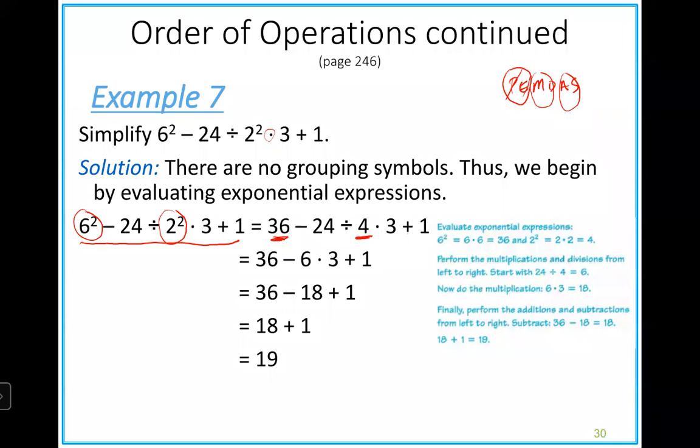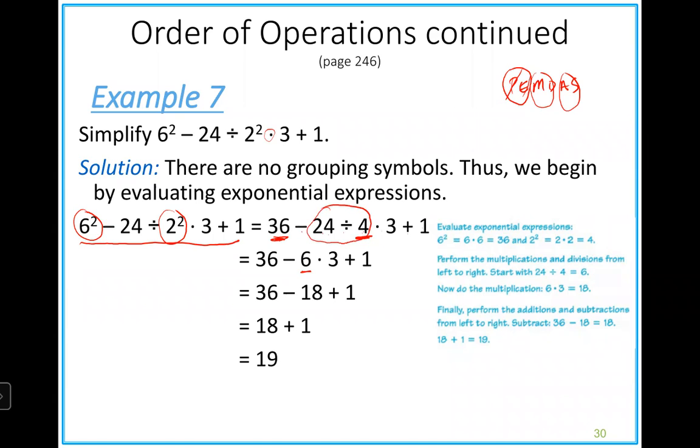So it says 36 minus 24 divided by 4 times 3 plus 1. We're going to do the division first because the division came before the multiplication. So 36, and then 24 divided by 4 is 6. This 6 here is the answer from this division.